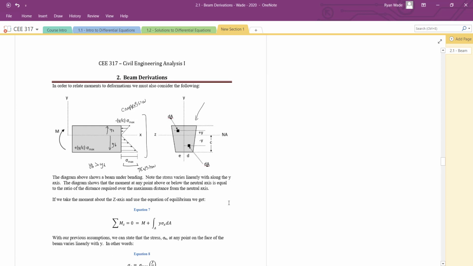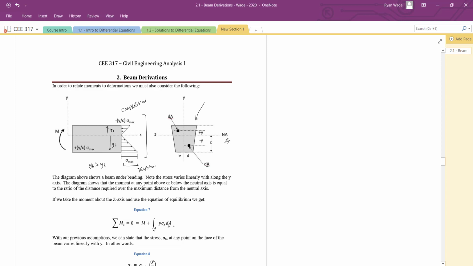If we do our equation of equilibrium about the z-axis, then I'm going to have my applied moment about z, plus the integral of the area, so our small little tiny sections of area, right?